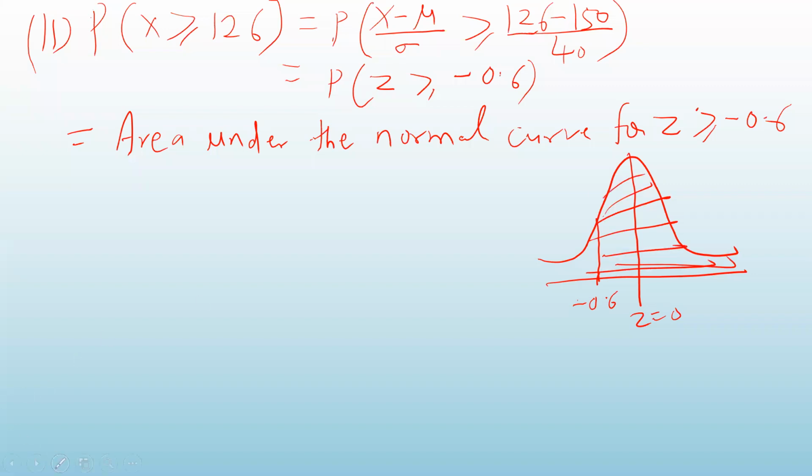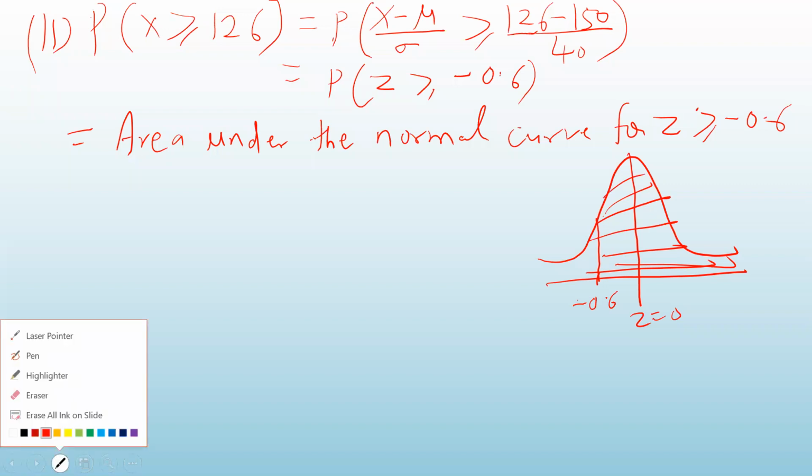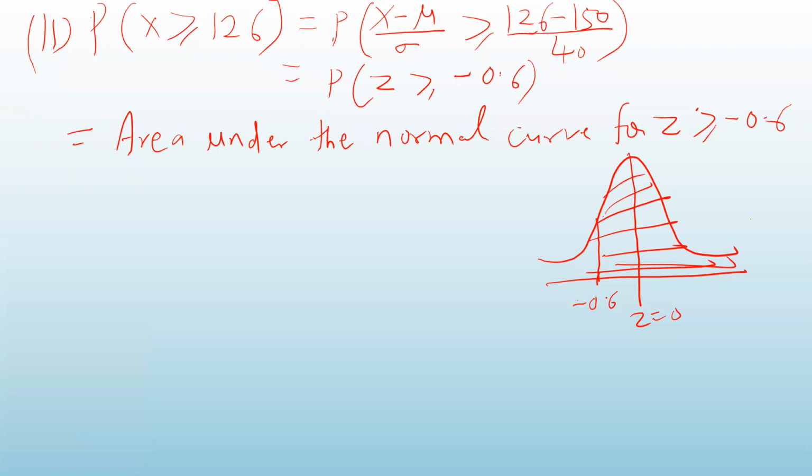As you know, z equal to 0 is the line of symmetry, and therefore the area to the right side of this is 0.5. So if you can find the area between z equal to 0 and minus 0.6, then you add that and you will get the answer.